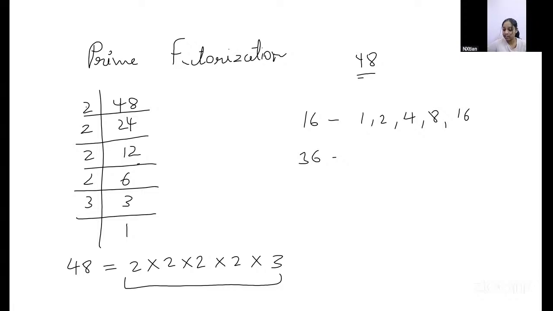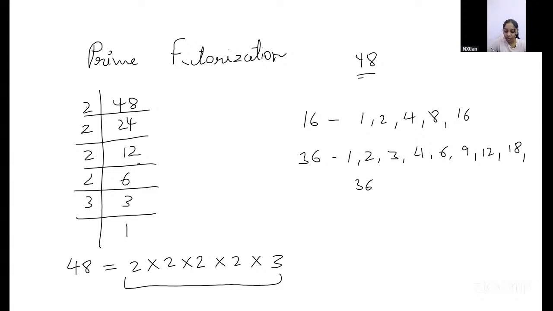Factors of 36 will be 1, 2, 3, 4. Then we have 6, 9, 12, 18, and 36.